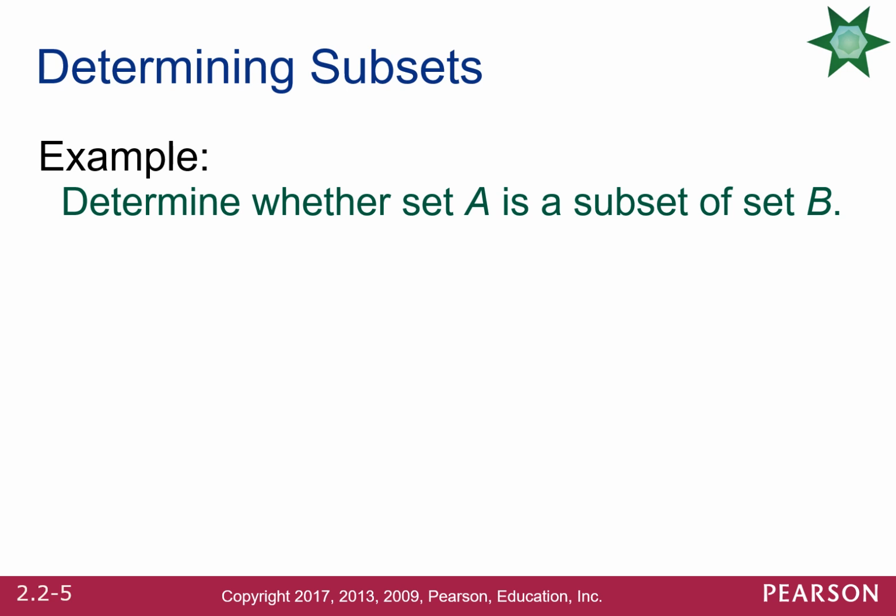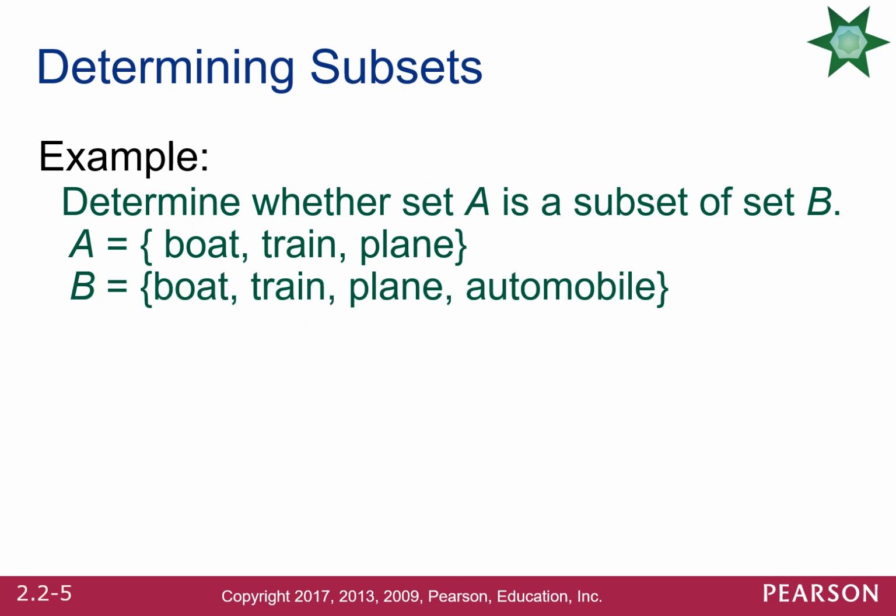So let's go through this example of determining whether set A is a subset of set B. Set A is given to us as boat, train, plane. These are the elements in set A. And let's pull up set B. Set B has boat, train, plane, and automobile.